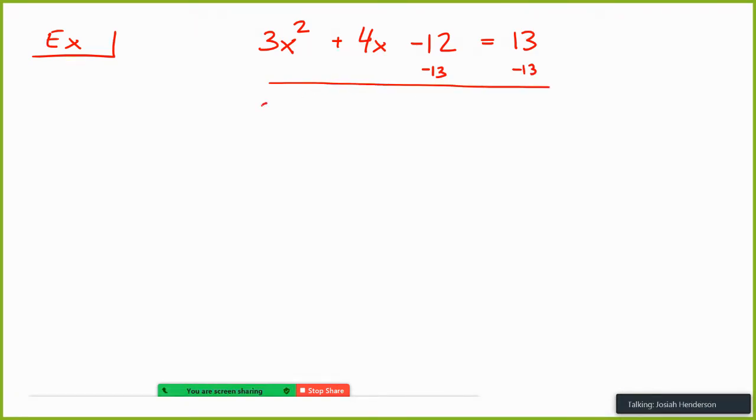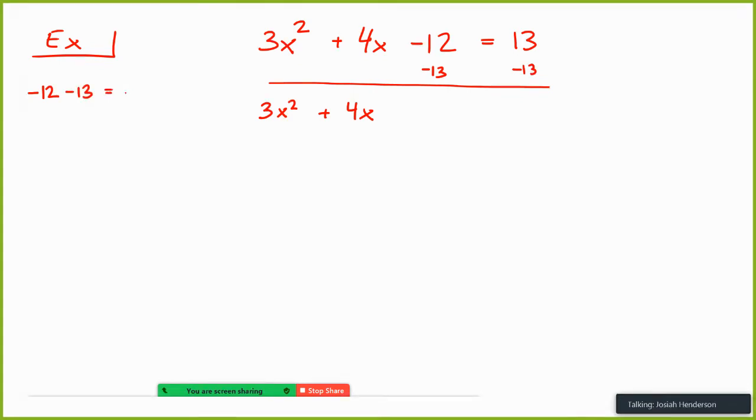So instead of equals 13, I'm going to subtract 13 from both sides. We're left with 3x squared plus 4x, and now we've got negative 12 combined with negative 13. They're both negative. It's like doing it next to each other: negative 12 minus 13.